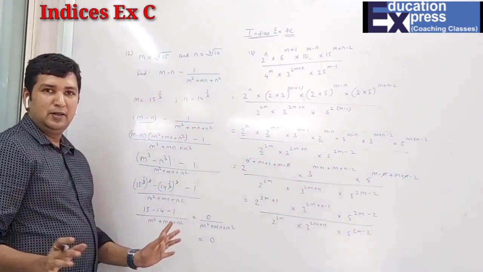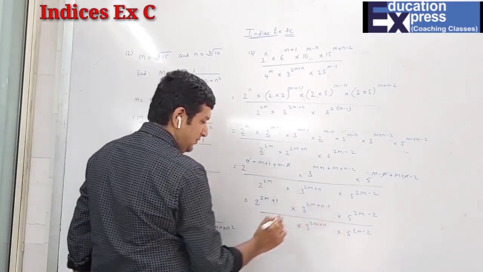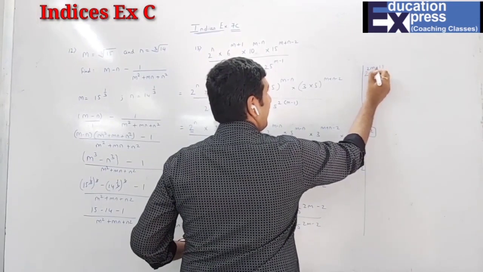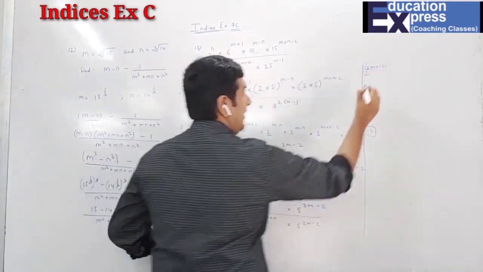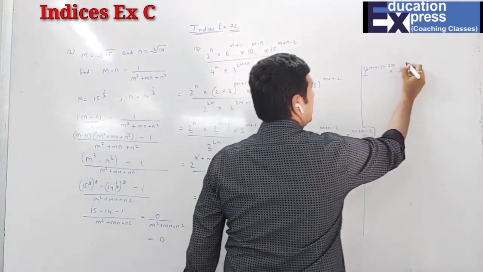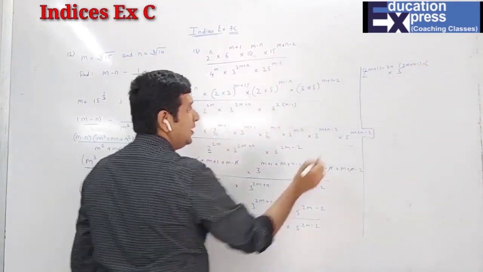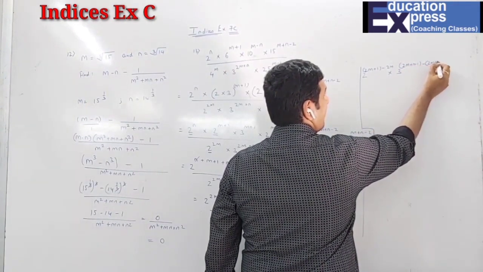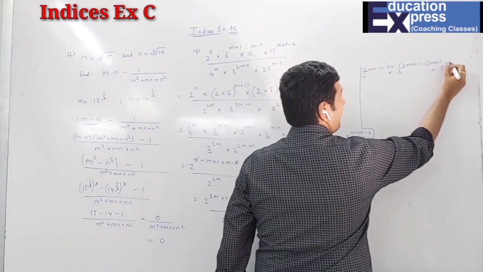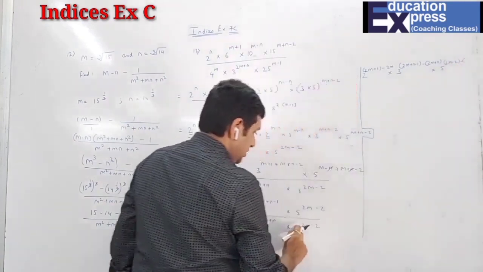There is no binomial, there is no trinomial, it's a monomial. So obviously this base is the same, this base is the same, this base is the same. So here, simple, this is in the form of division: 2 raised to 2m plus 1 minus 2m, into 3 raised to 2m plus n minus 1 minus 2m plus n, into 5 raised to 2m minus 2 minus 2m minus 2.